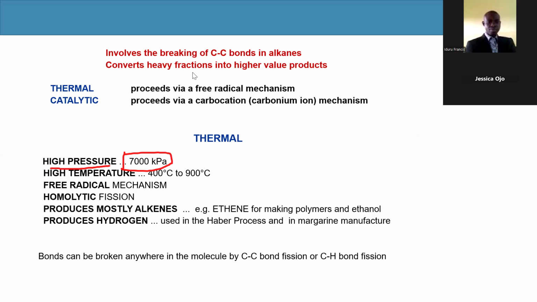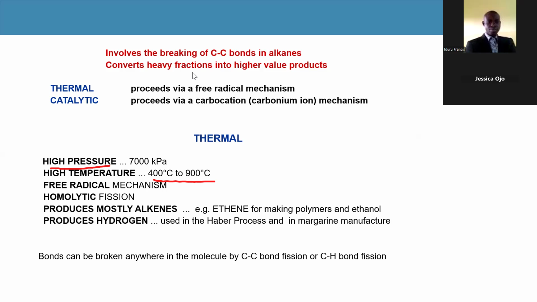They won't ask you to talk about the value, just high pressure. And high temperature as well. This slide is giving you the range of the temperature, 400 degrees Celsius to 900 degrees Celsius is high enough. And nobody will ask you about the theoretical mechanism.